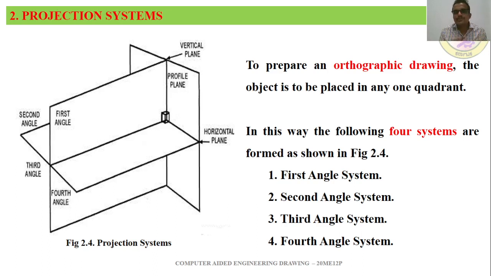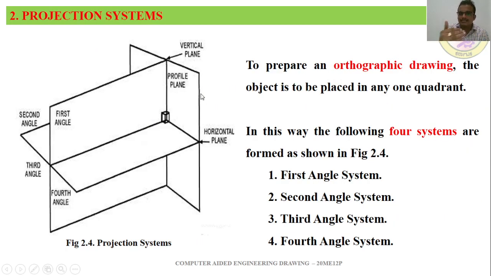No, we will just come to the detailing of the projection system in further slides. Now we'll understand. Here you can see in this figure, that is 2.4 projection system, you can easily observe we have the horizontal plane, the vertical plane and the intersection is extended. So we got first angle, second angle, third angle, fourth angle and we have the profile plane also.